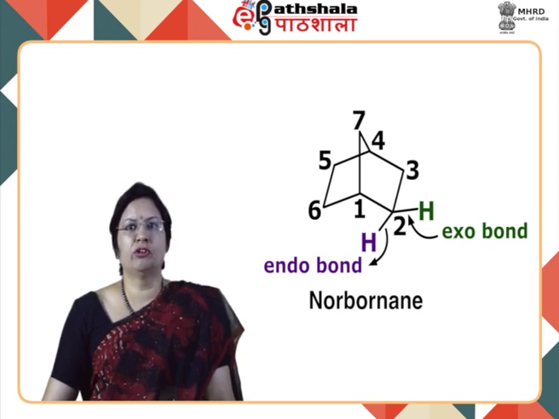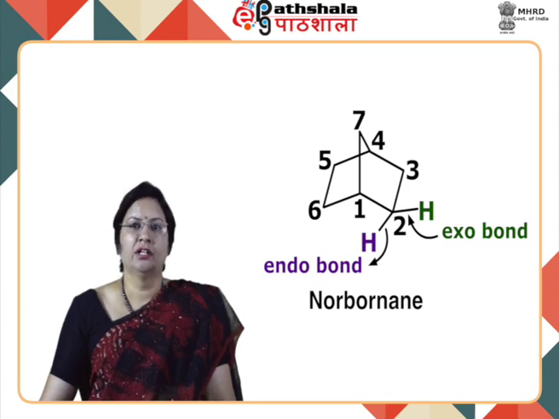Much of the chemistry of Norbornane is dominated by the far greater steric accessibility of the exo as compared to the endo position. So you can see in this structure of Norbornane, these two substituents are shown here as hydrogens only to depict the exo and endo position. So this is the exo bond and this is the endo bond.